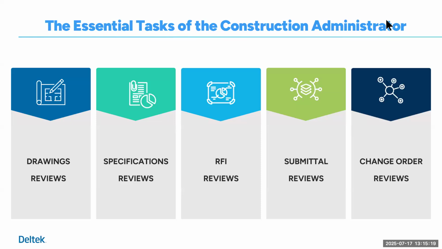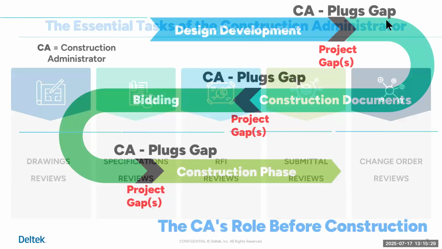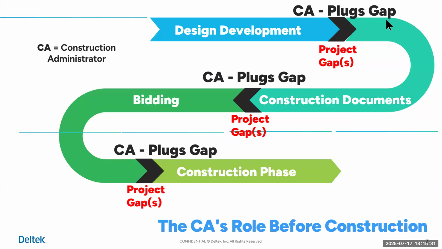Well, all these things are very, very important. In regard to the role of the construction administrator, having them early on the project could see that it can fill in project gaps.